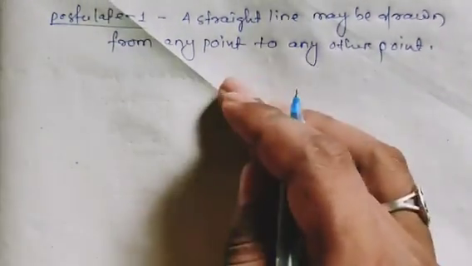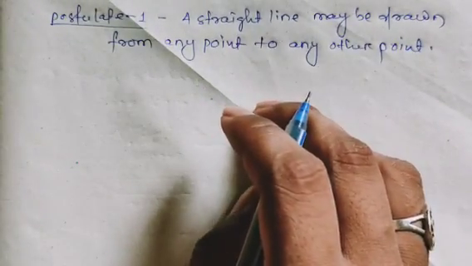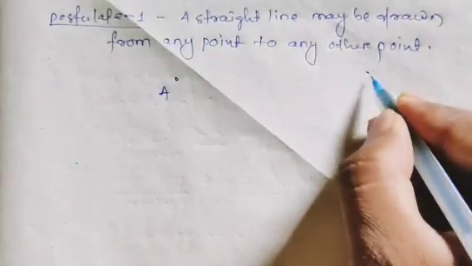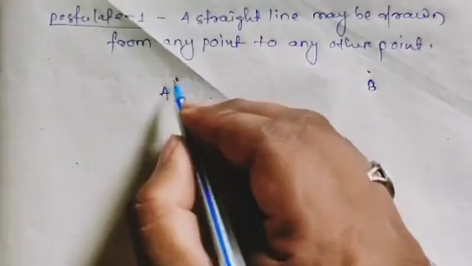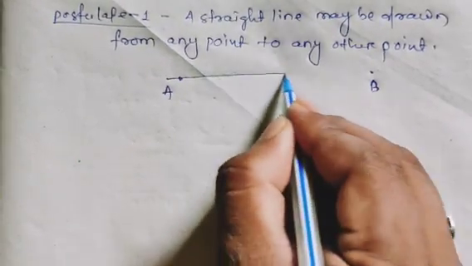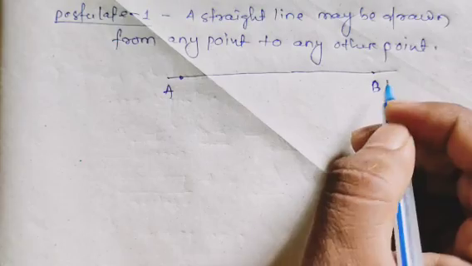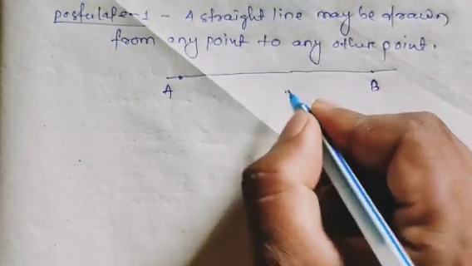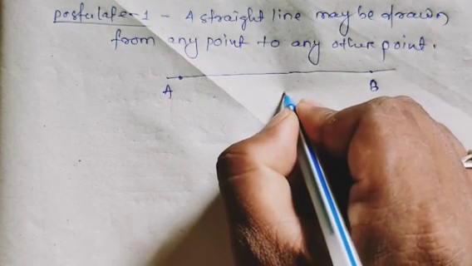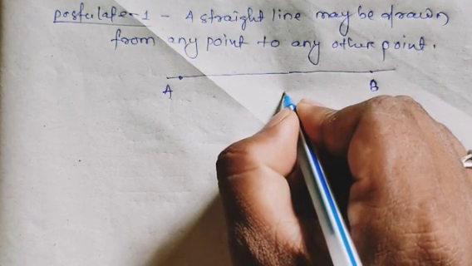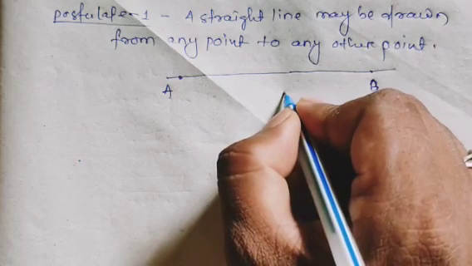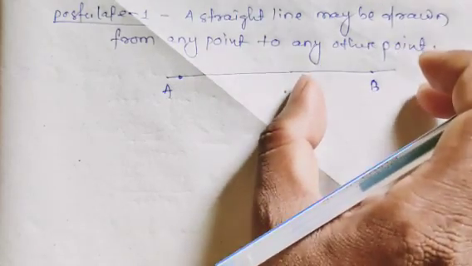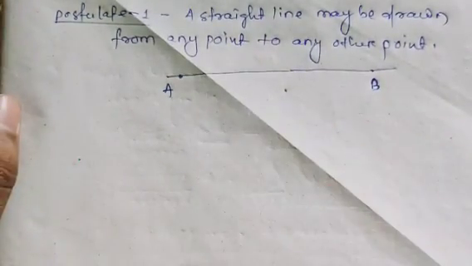If you take any 2 different points from anywhere, like this point A and this point B, you can draw a straight line from one to the other. If you take a point here and another point in America, you can draw a straight line from here to America. So a straight line may be drawn from any point to any other point. This is postulate number 1.